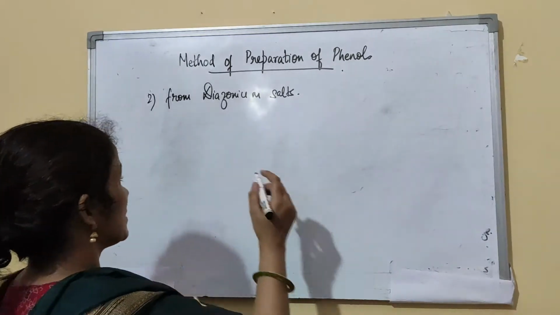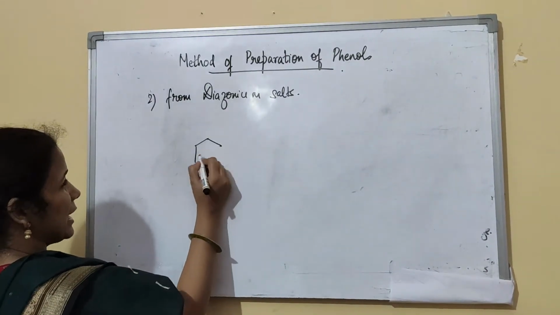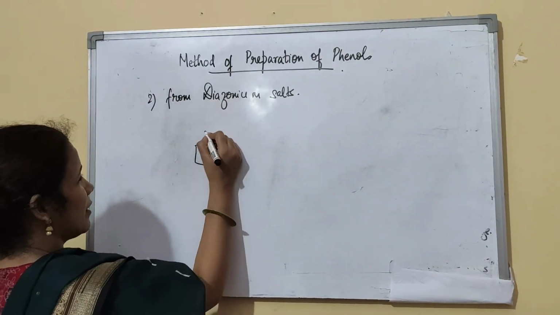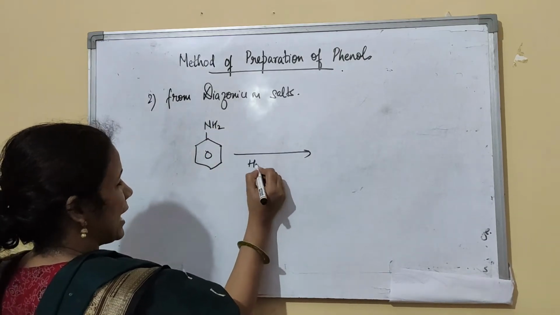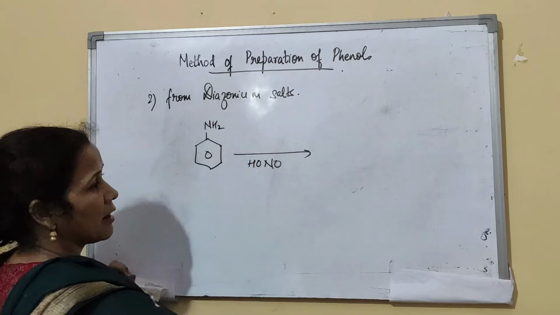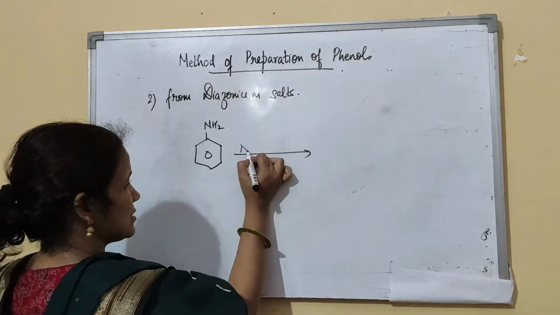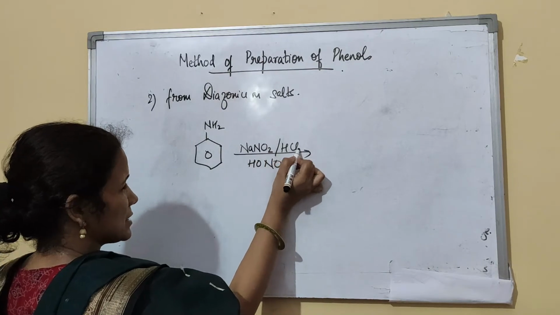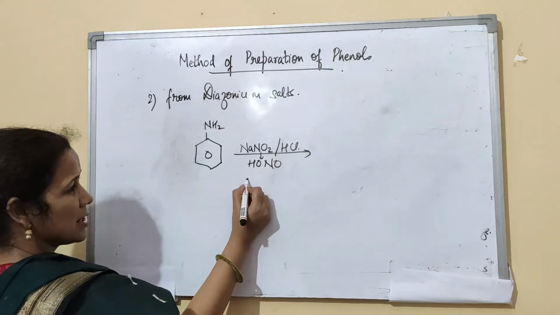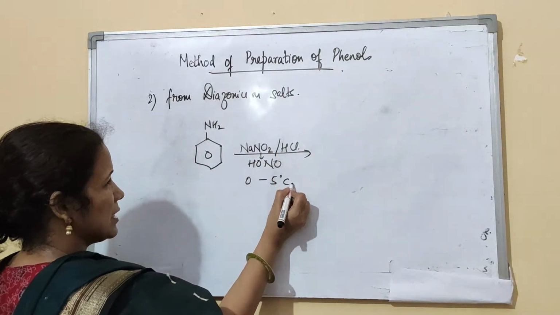So the first step in this is we take aniline and treat it with nitrous acid. From where we get this nitrous acid, we take it in the presence of NaNO2 and dilute HCl. When they react, we get this at 0 to 5 degrees C.